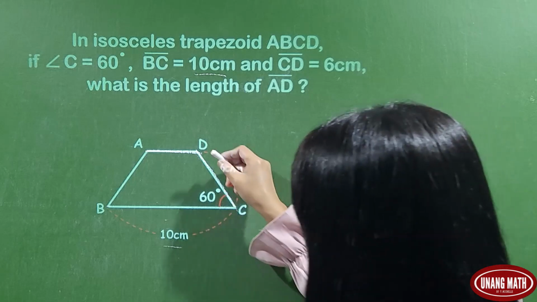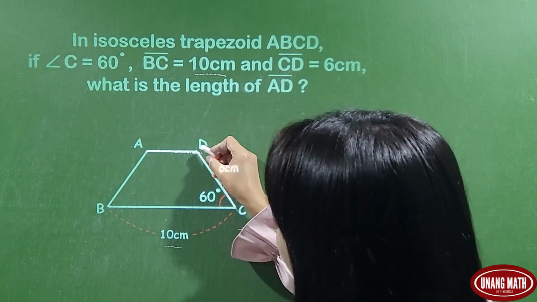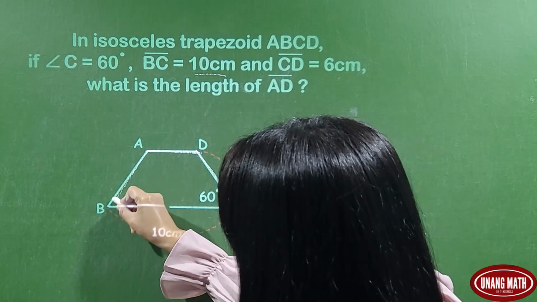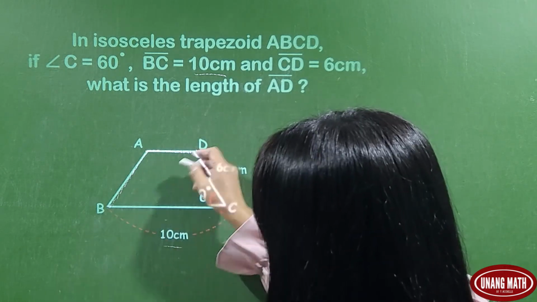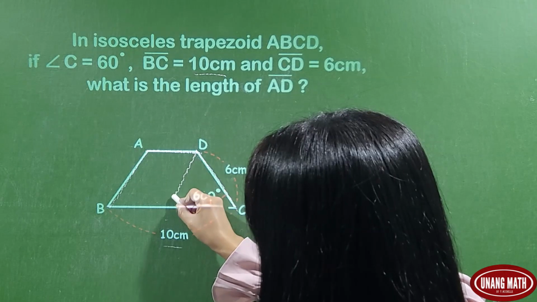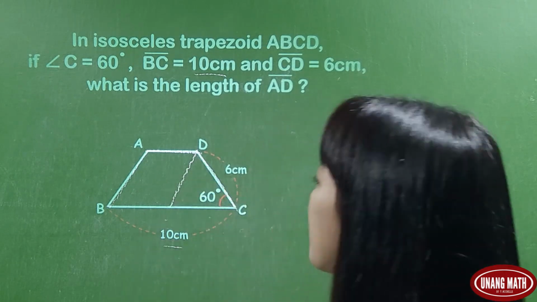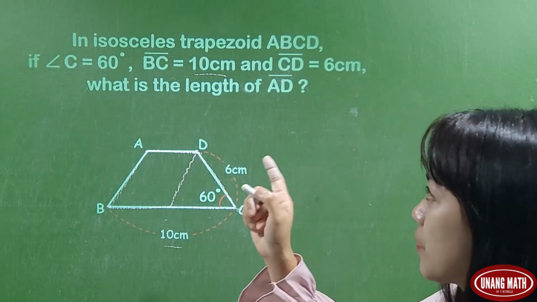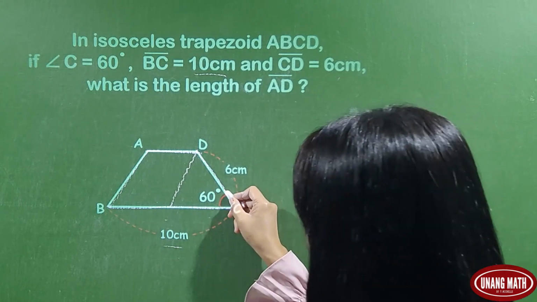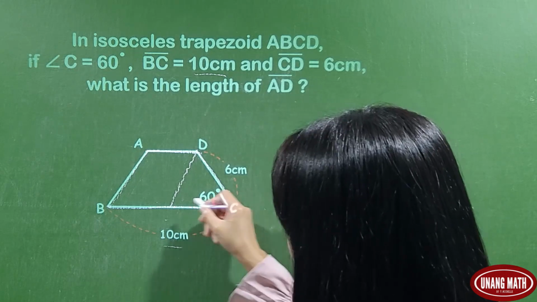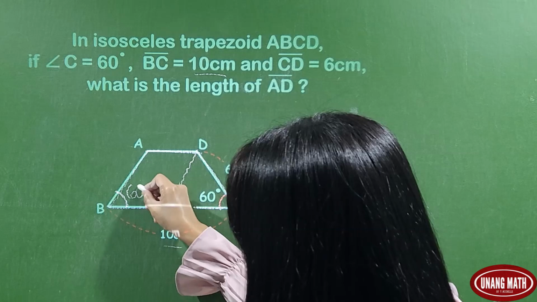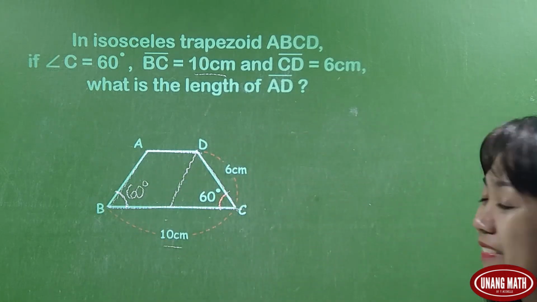Okay, to find the length of segment AB, what we can do here is draw a helping line that would be parallel to this side. So if it's parallel to this side, it would look like this. Take note, this is the base of our isosceles trapezoid. So this angle, 60 degrees, is also equal to this angle. So this is also 60 degrees.